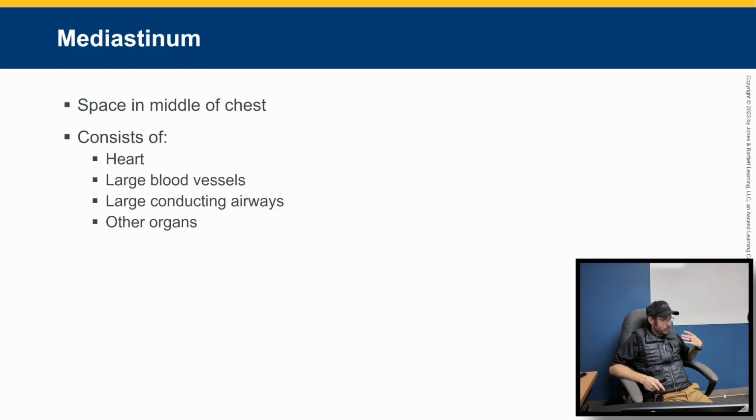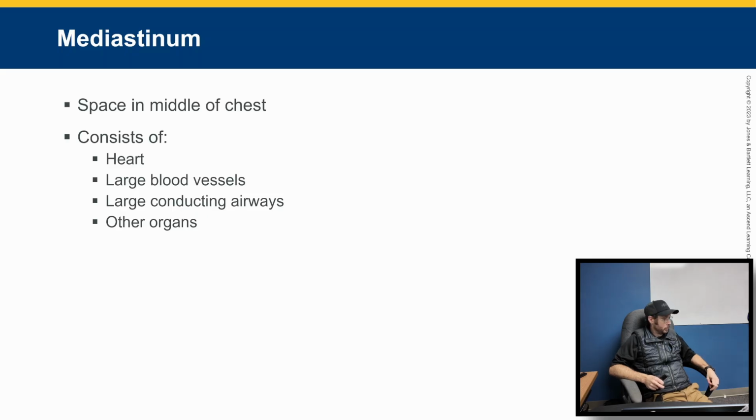Mediastinum, so that is the medical term that we use to refer to the space in the center of the chest, right? An easy way to remember that is the space directly posterior to the sternum. So everything behind the sternum is in the mediastinum. Heart, large vessels, large conducting airways, and other organs. The heart sits mostly in the middle of the chest.